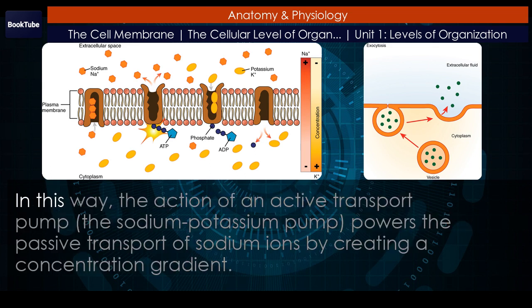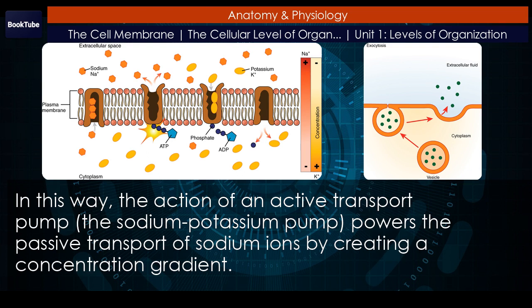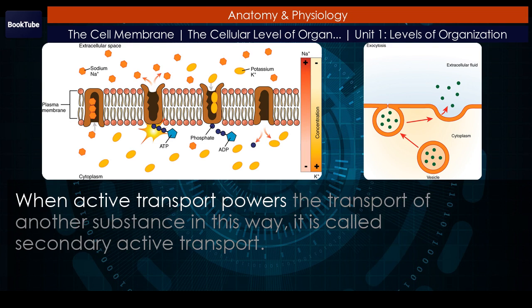In this way, the action of an active transport pump, the sodium-potassium pump, powers the passive transport of sodium ions by creating a concentration gradient. When active transport powers the transport of another substance in this way, it is called secondary active transport.